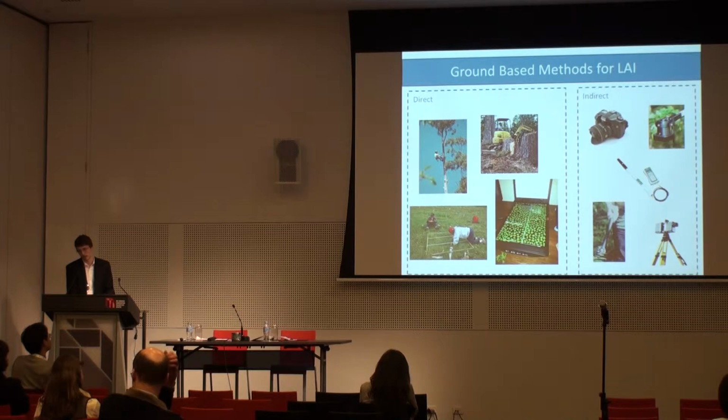Indirect measures, on the other hand, have been around for quite some time, and they can be done using a variety of instruments, and they allow for a greater area to be sampled more efficiently under the forest.